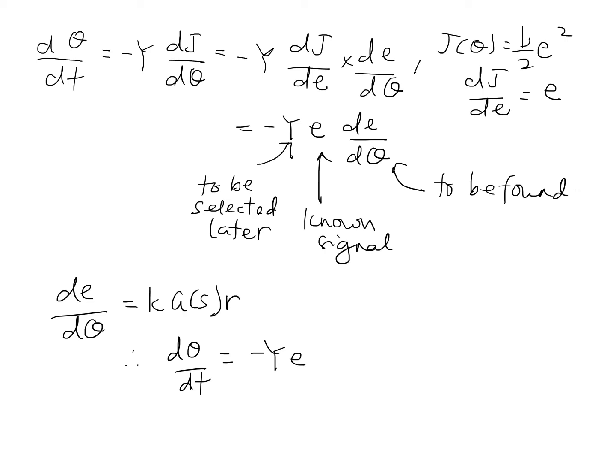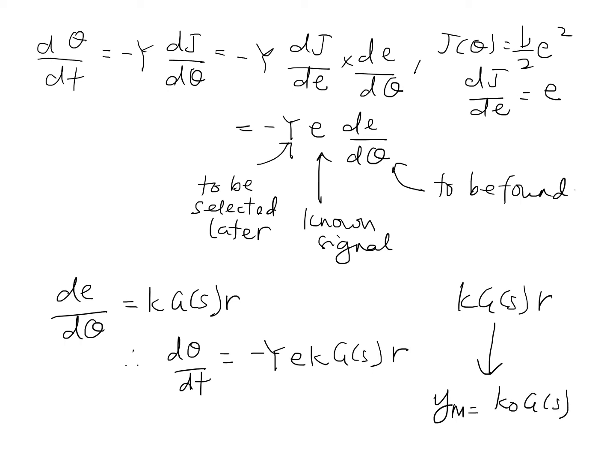However, we can see from the MRAC structure that we cannot directly get the signal k g(s) r. So we will start from ym equal to k0 g(s) r in order to find the value of k g(s) r.